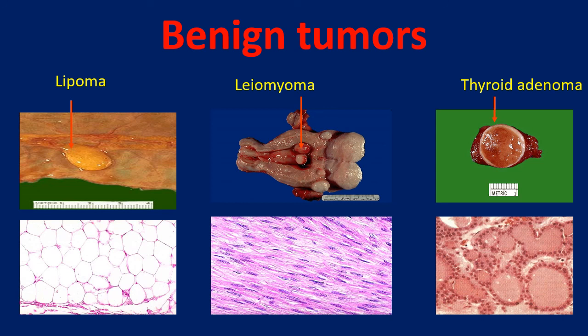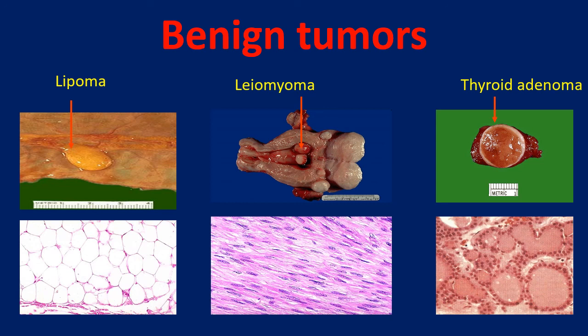Lipoma is a well-circumscribed tumor, yellow in color, looks like fat. Also, the cells here are well differentiated. They resemble fat cells. Leiomyoma, the benign tumor arising from smooth muscle, is well differentiated because the cells of the tumor resemble that of the normal cells.